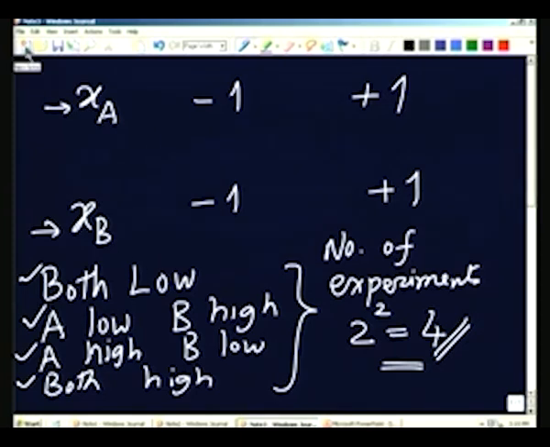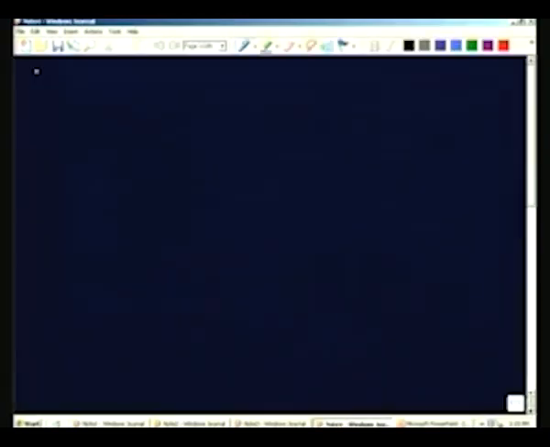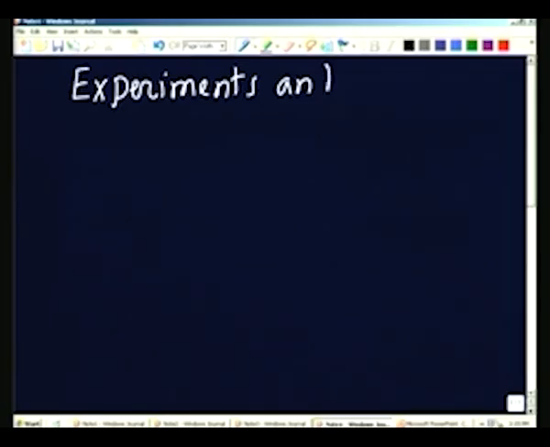I will just write down all the experiments we are going to conduct in the form of another matrix. I will write here experiments and the factor level combinations.